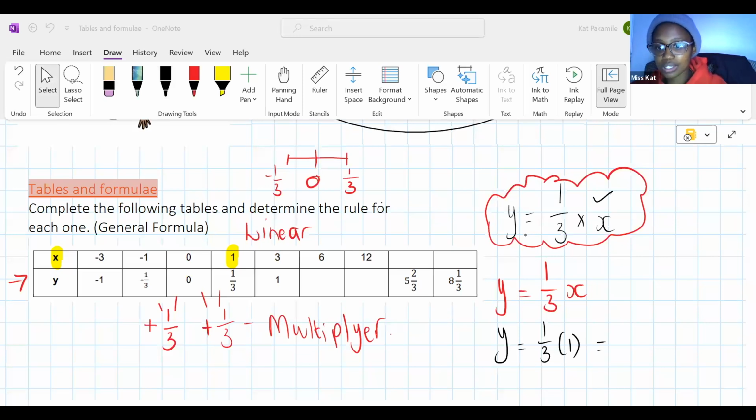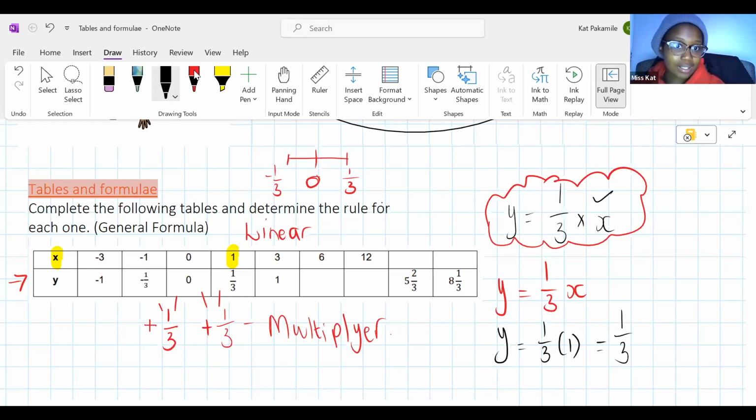Is that the output we want? Look at the table. The x's are the inputs and the y's are the outputs. So we inputted 1, right?